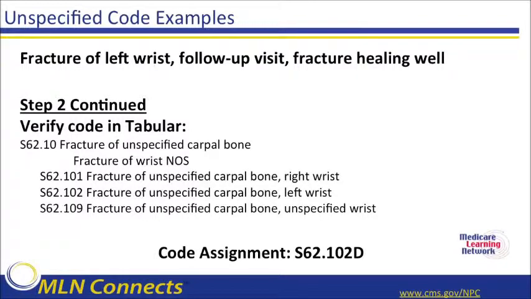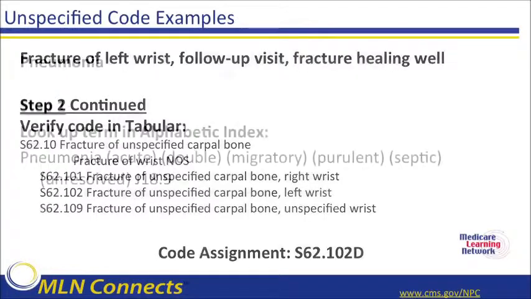You know the fracture is on the left side, so the correct code is S62.102D. The appropriate seventh character is D because this is a follow-up visit, so it is a subsequent encounter. The fracture is healing well, so you would assign D for subsequent encounter with routine healing rather than G for subsequent encounter with delayed healing.